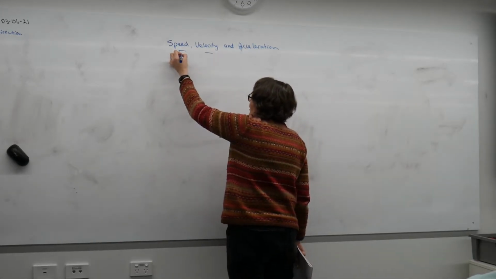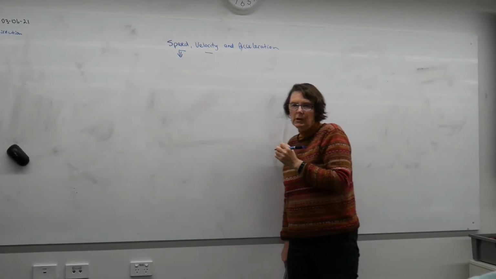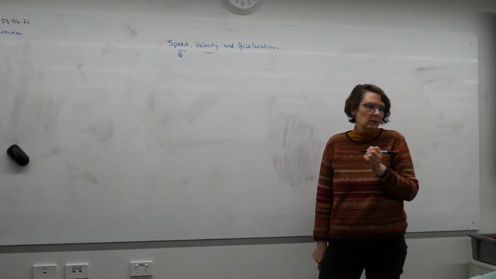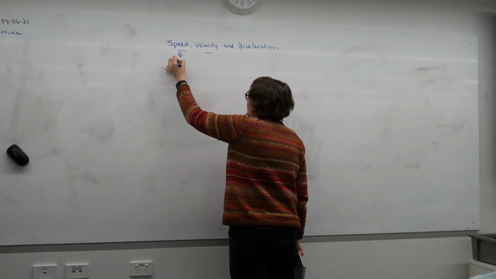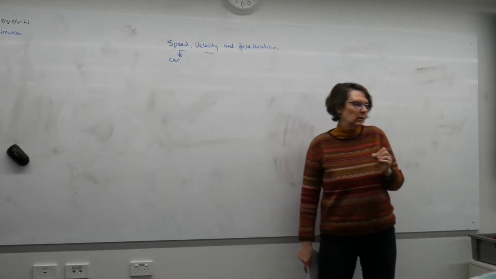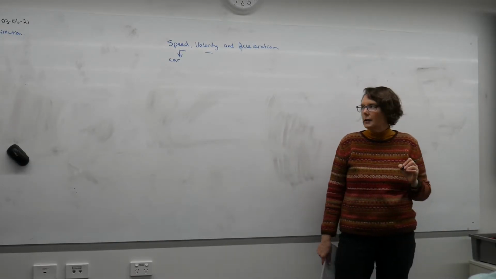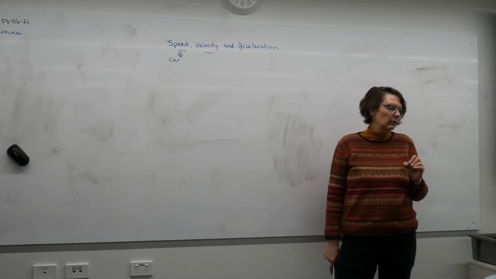Probably our most common interaction with speed is in our cars. The car tells us our speed, doesn't it? Why is it that the car isn't giving us our velocity?